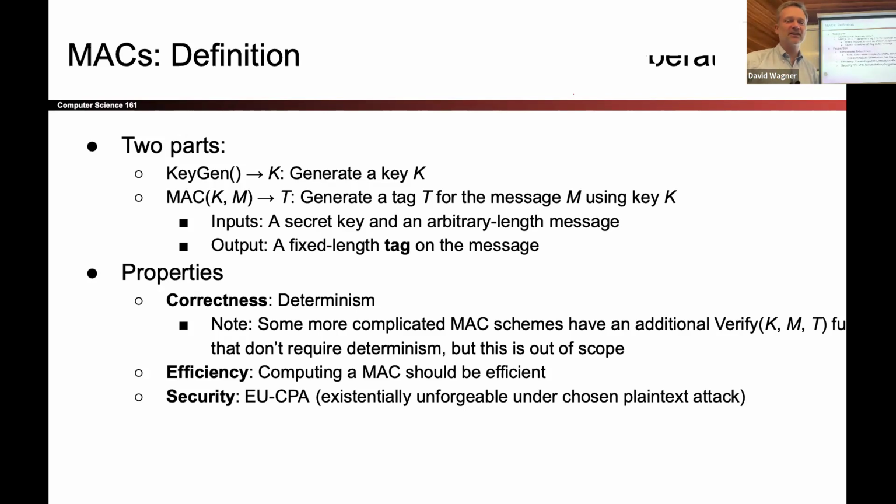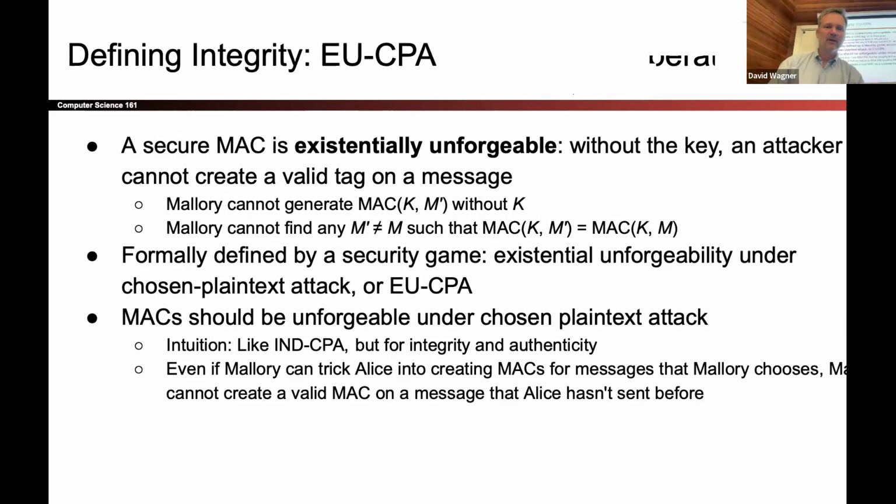Okay, so this notion is called existentially unforgeable under chosen plaintext attack. Existentially unforgeable is exactly the requirement that you had, that an attacker can't predict the tag for any message that Alice didn't send. Under chosen plaintext attack means that's still true even if the attacker can convince Alice to send some other messages and observe what the tag for them is. So this is going to be formalized by a game.